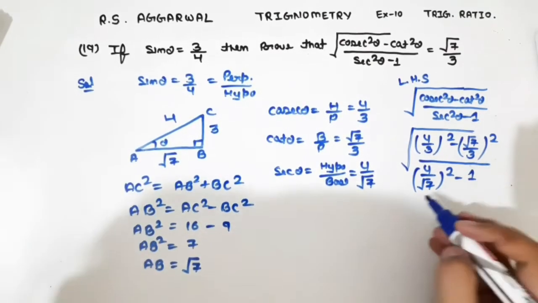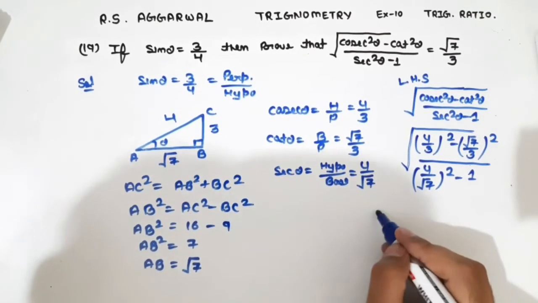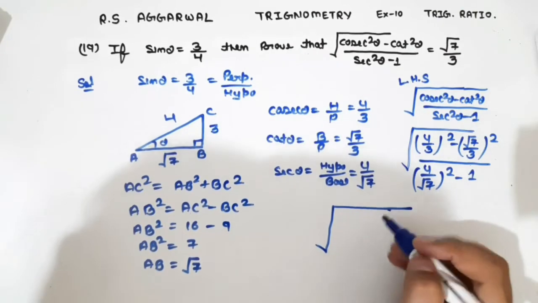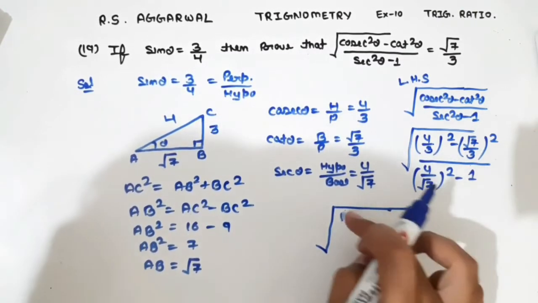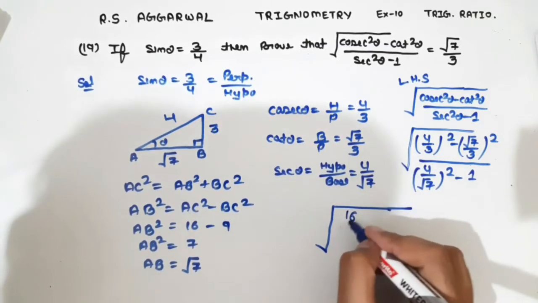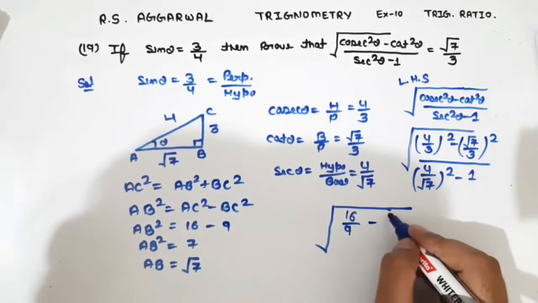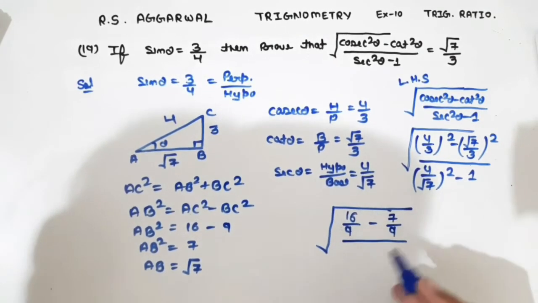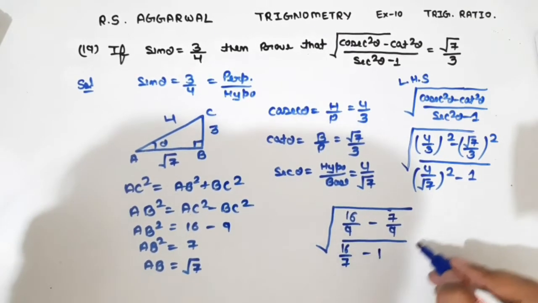So from here, 4 upon 3 whole square will be 16 upon 9, minus under root 7 upon 3 whole square will be 7 upon 9, upon 4 upon root 7 square will be 16 upon 7, minus 1.